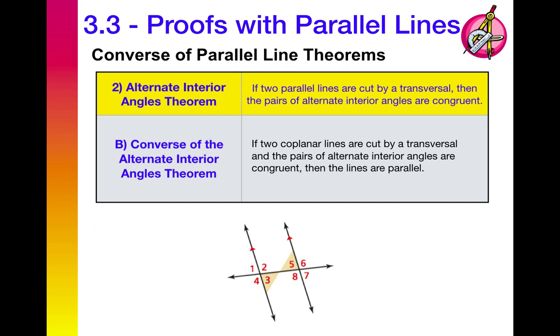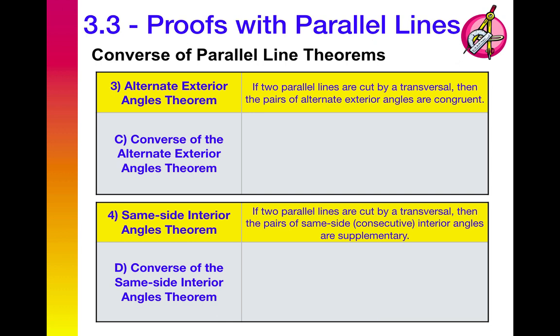So it always starts out, if two coplanar lines are cut by a transversal and some pair of angles are congruent, then the lines are parallel. So that's a formula that we're going to use. We're going to use it for the alternate exterior angles theorem.